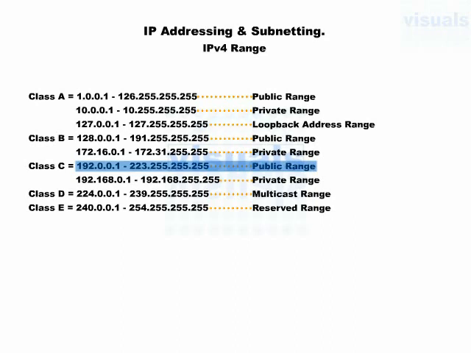There are 4 RIRs, Regional Internet Registries, which provide these public IP addresses to different regions of the world. These regional internet registries are maintained by IANA, the Internet Assigned Numbers Authority. This is how public addresses are distributed to the whole world.